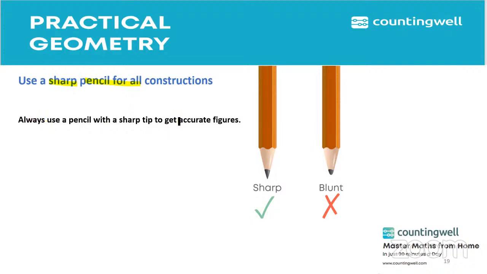It will help you to get accurate figures, and whenever you are bisecting any angle or any line segment, you will get exactly the same measure of equal angles or the same measure of equal lengths of line segments. Or whenever you are constructing special angles like 30°, 45°, 90°, you will get the accurate angle.